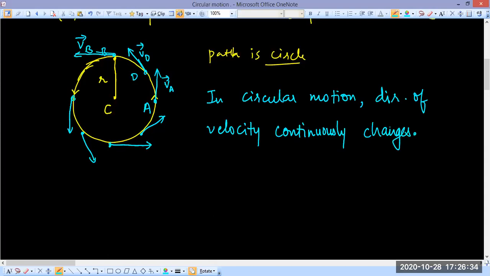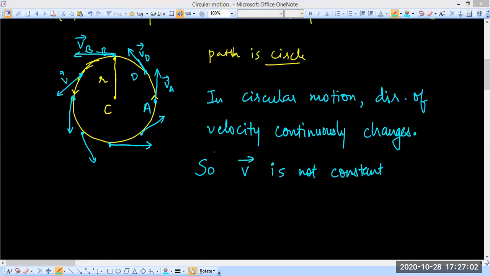Okay, in circular motion, all kinds of circular motion, direction of velocity continuously changes. So v is not constant, right? Okay, this is applicable in both, whether it's uniform or non-uniform circular motion. V vector is not constant, velocity is not constant.